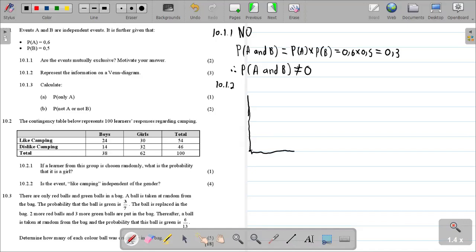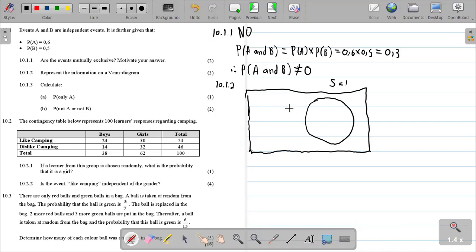We have a sample space like that, where the sample space equals 1, and then the two events overlap at some point. Okay, sorry about the drawing. So we can have A and B here.